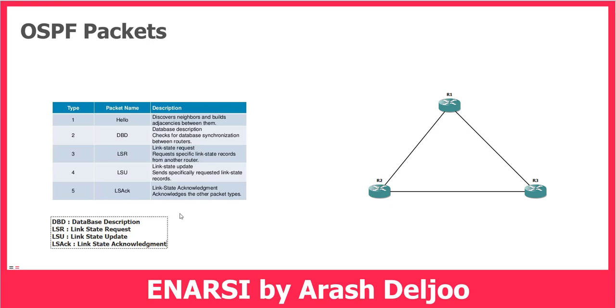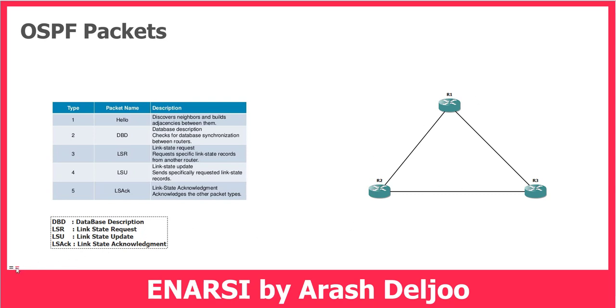If we don't send a link state acknowledgement, the other side maybe thinks that it should send the link state update again. I will talk about all of these packets, but for now let me start talking about these four: DBD, LSR, LSU and LSAck in this simple scenario.